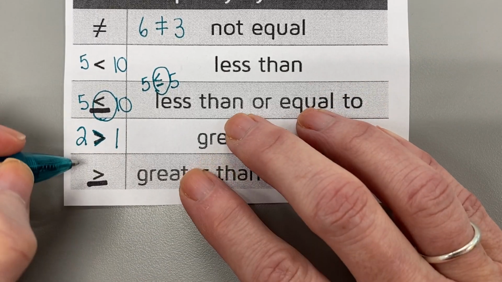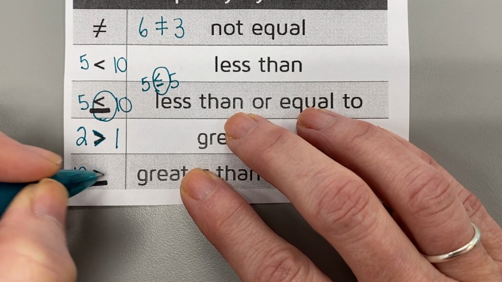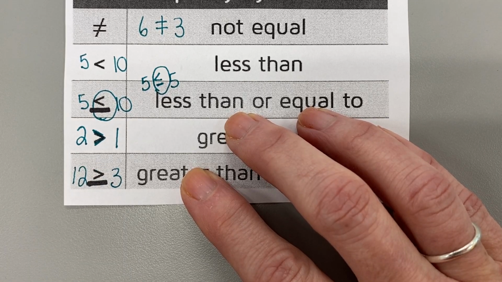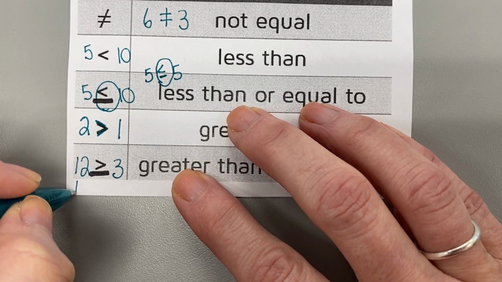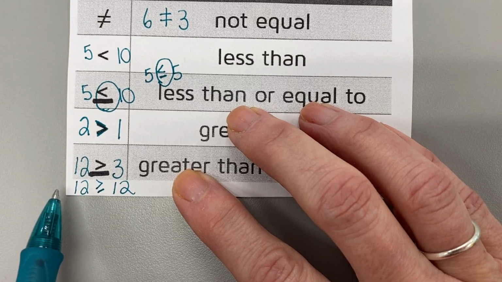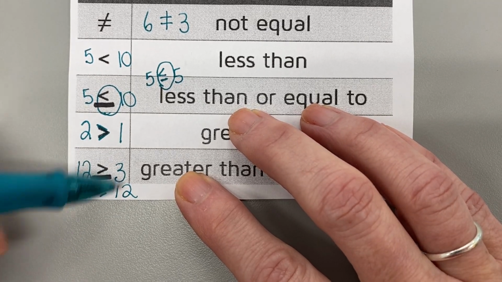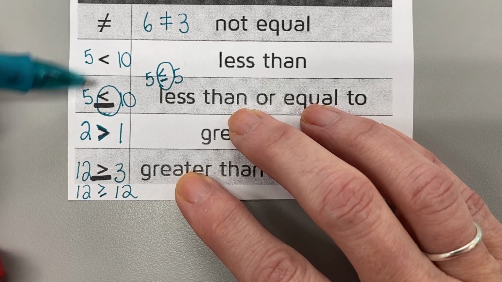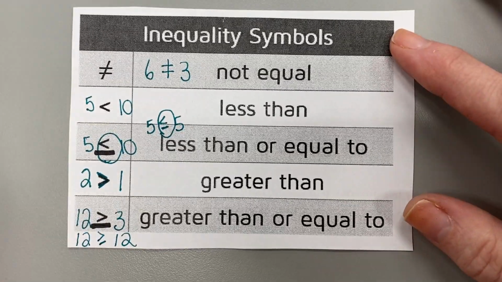Maybe we would do something like 12 is greater than or equal to 3. That is very true because 12 is greater than 3. But I could also do 12 is greater than or equal to 12 because 12 is equal to 12. So greater than or equal to and less than or equal to give us a little bit more freedom with what we can say.